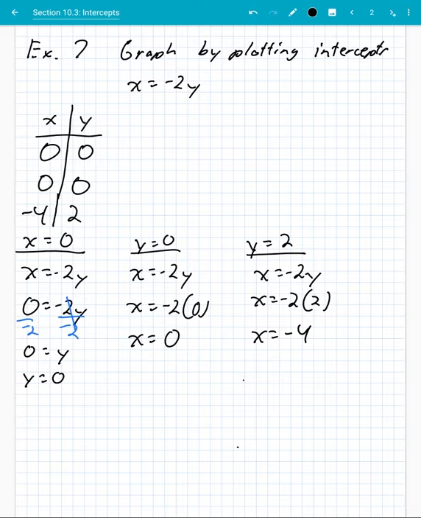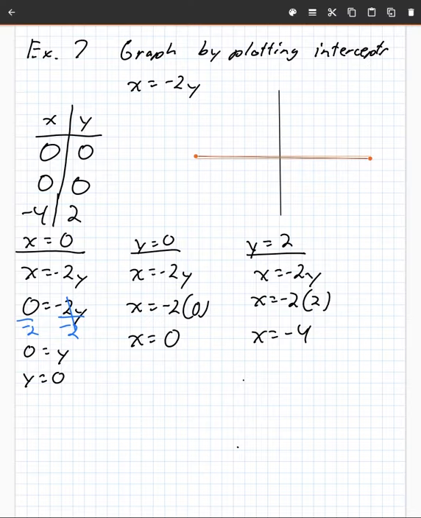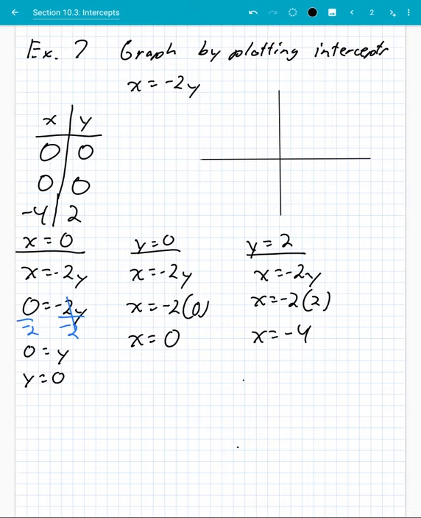And there you have it. Go ahead and plot those points. The two distinct points. I'm going to draw my line here. Draw another line here. There we go. Let's move this down a little. And start graphing. I'll do green this time. So 0, 0 is in the center.